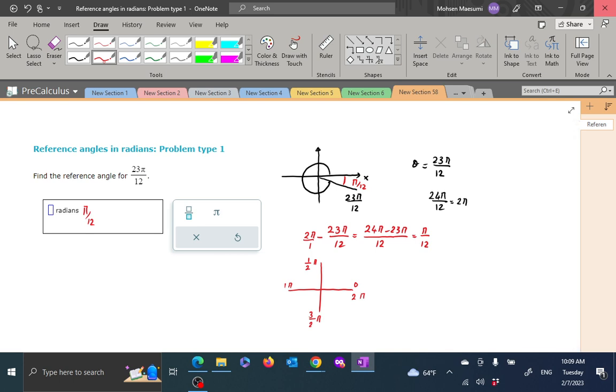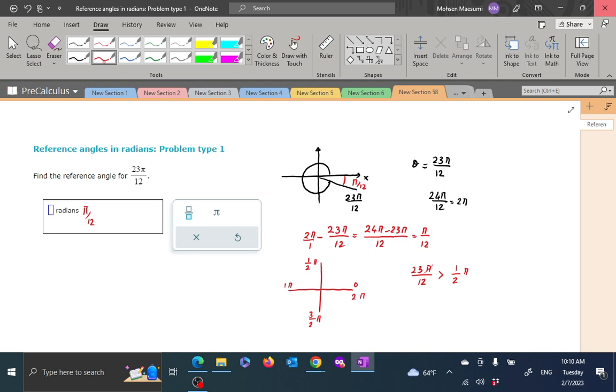So if I'm comparing 23 pi over 12, I can compare it versus 1/2. Is it more than 1/2 or less? Well, it's obviously more than that.